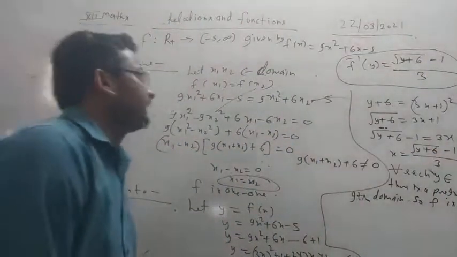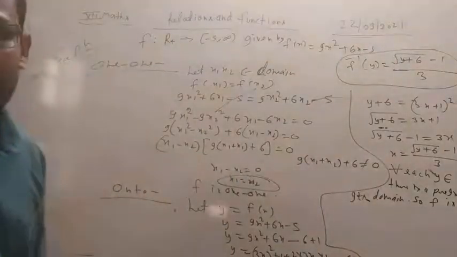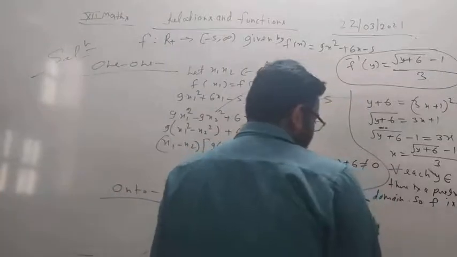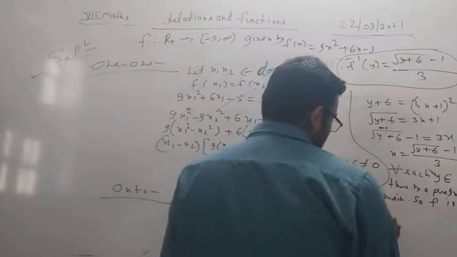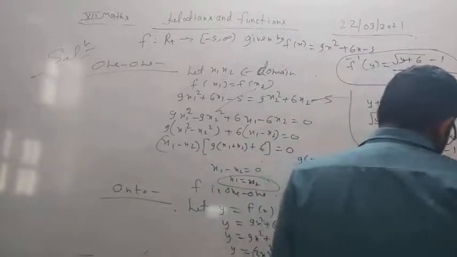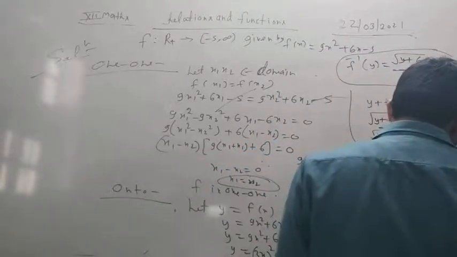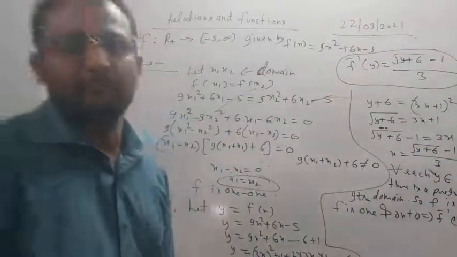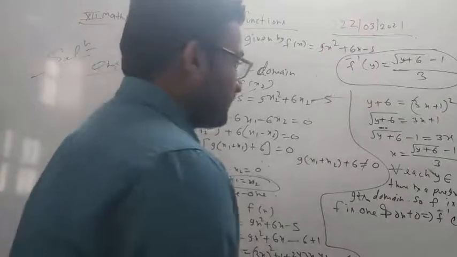Okay students, and you know, if the function is 1-1 and onto, then we can say that the function is 1-1 and onto. This implies f inverse exists. It means that the function is invertible and its inverse exists.